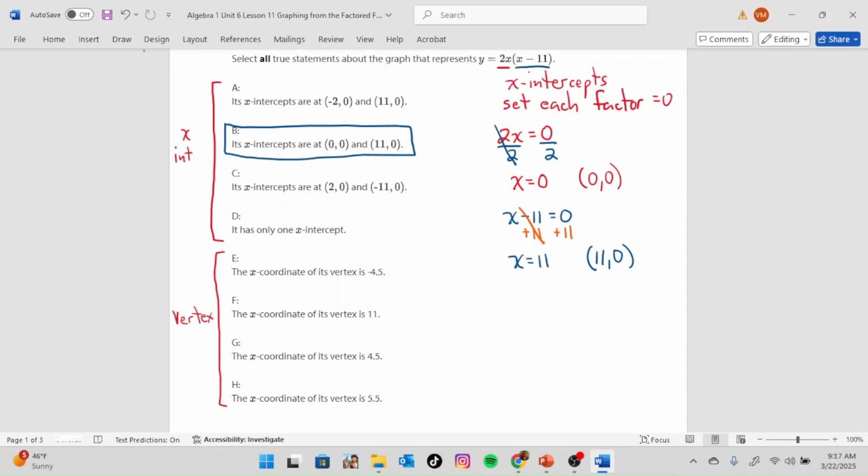Now, if we look at choices E, F, G, and H, we are trying to find the vertex. And what we're really looking for is the x coordinate.